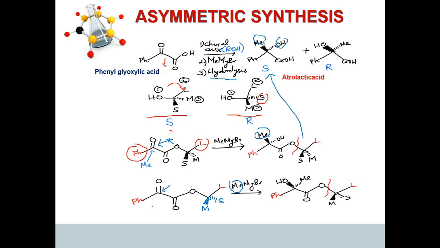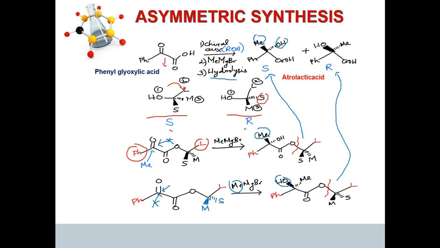So the attack does not take place in this direction, the attack takes place from the opposite side. When that happens, my methyl group is moving away, and my OH is pushed towards me, so I have my OH here, and when I hydrolyze it, I end up with an R isomer. Now I can correlate from my atrolactic acid that my alcohol will have the R configuration.